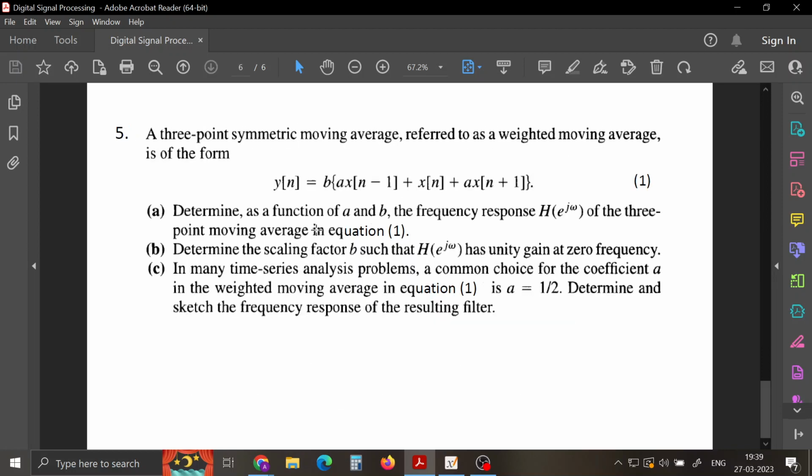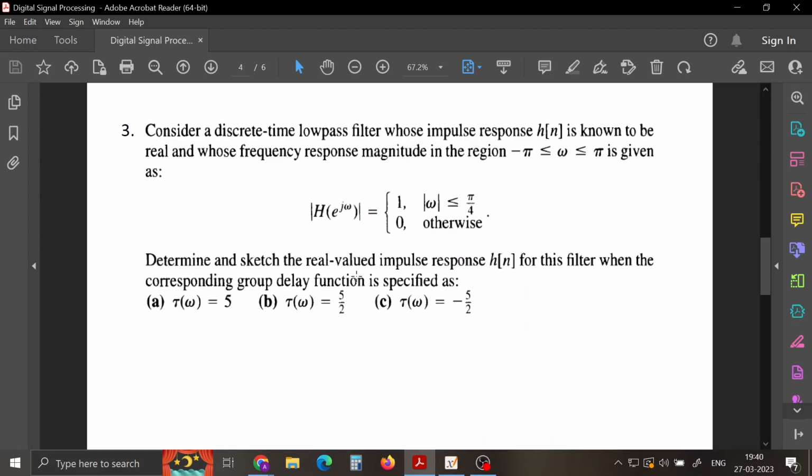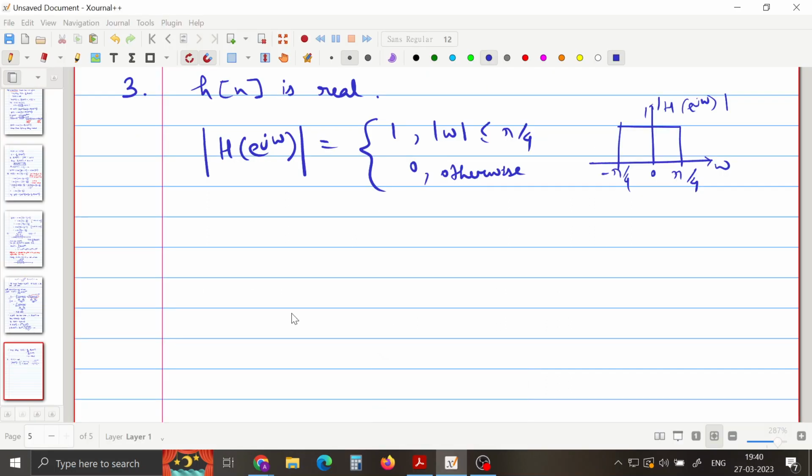So for the impulse response to go back to the time domain sequence, we first need to know the complete frequency response, right? H of e power j omega. We only know its magnitude within this range of frequency. So we can't directly use any IDTFT formula here.